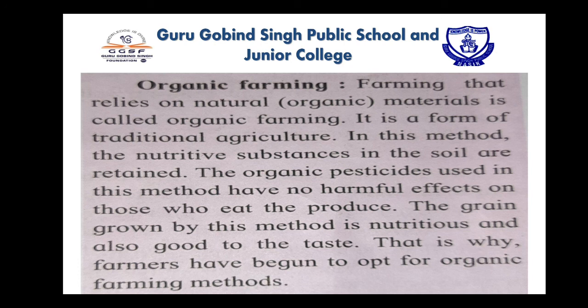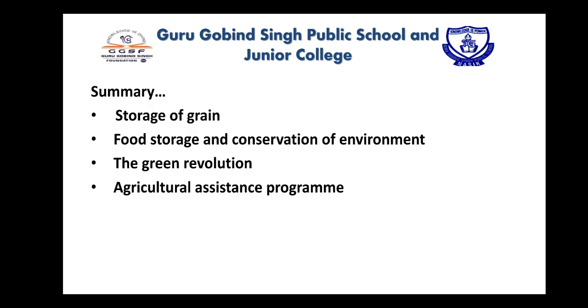The organic pesticides used in this method have no harmful effects on those who eat the produce. The grain grown by this method is nutritious and also good to the taste. That is why farmers have begun to opt for organic farming methods.